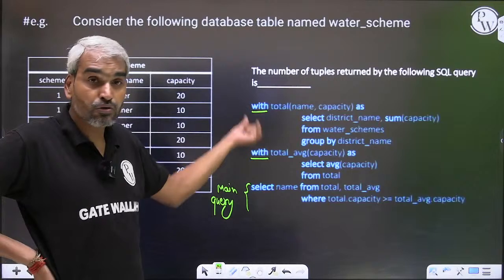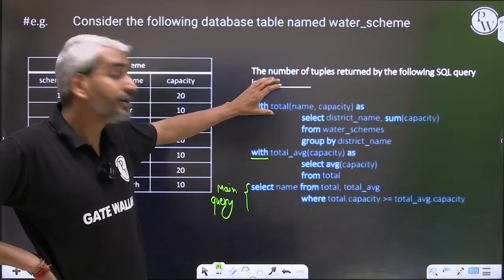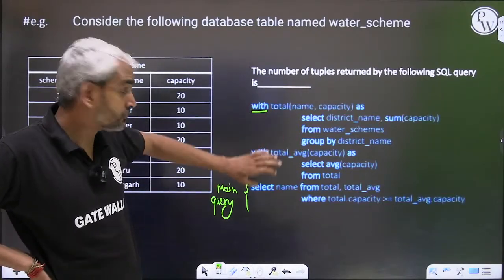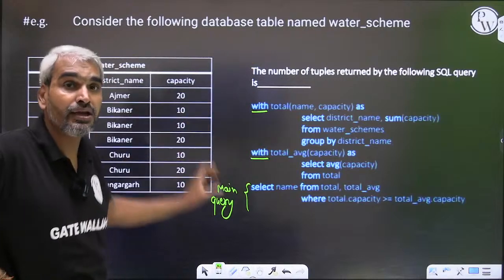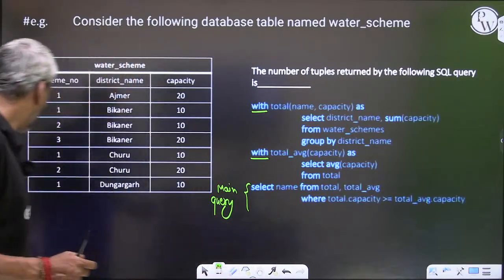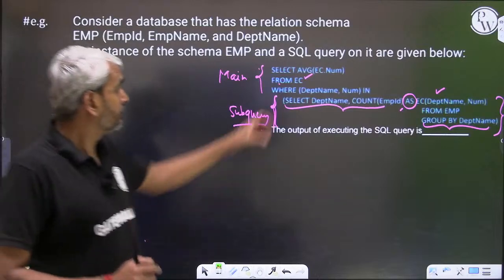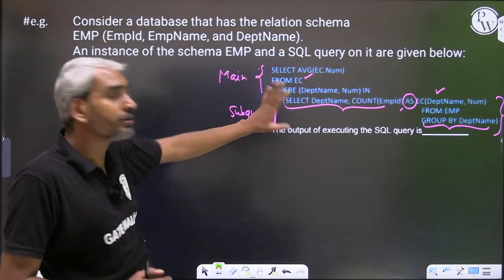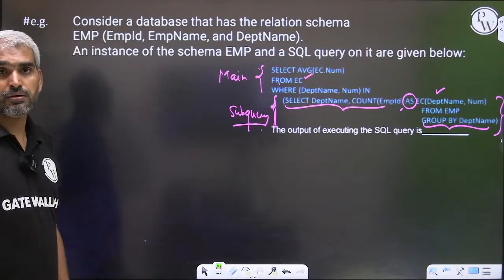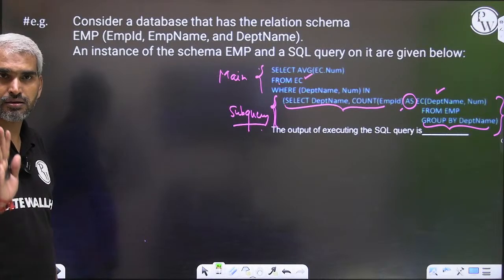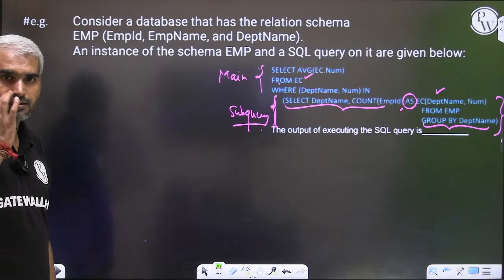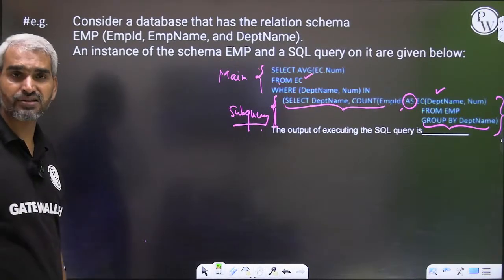Whenever you are using with as, all the subqueries will be written before the main query, right? But if you are only using as for renaming purposes, then first you will write the main query and then you will write your subquery. Got the idea? That's the basic difference.